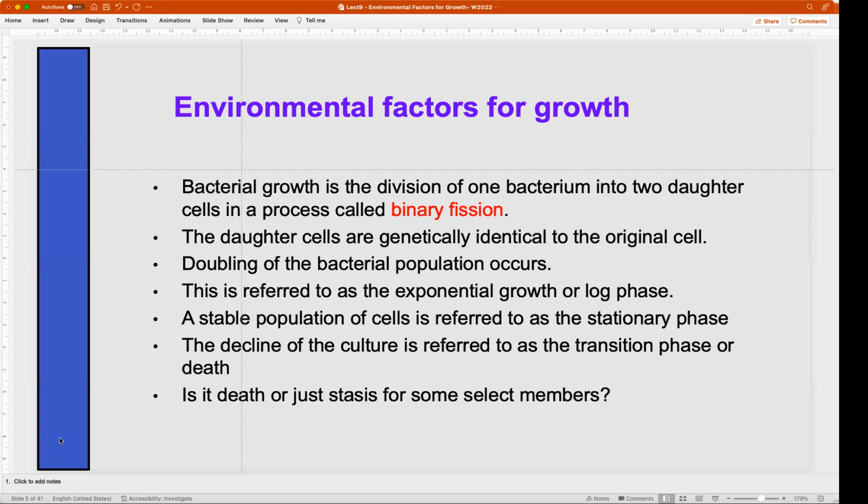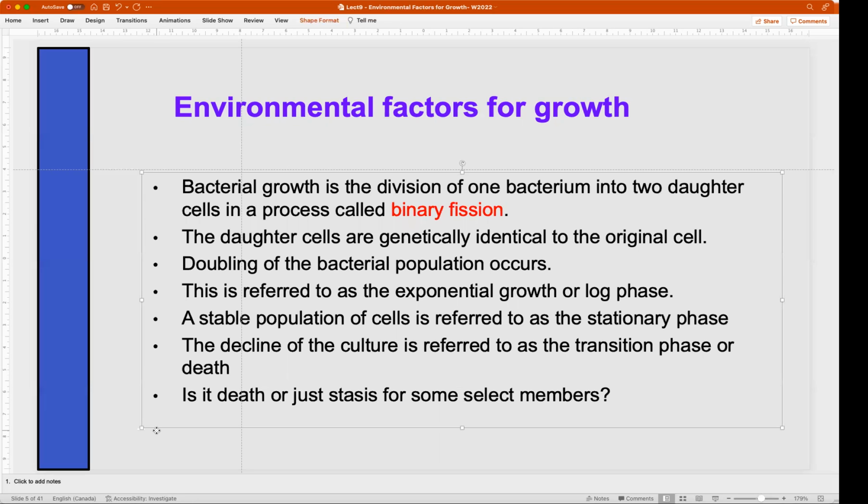And that's the exponential phase, the doubling time. So for a period of time, they don't double very quickly. That's the lag phase. And then there's the doubling time. And then when the population doesn't double so much anymore, that's referred to as a stationary phase. And then there's a decline, referred to as transition phase or death phase.